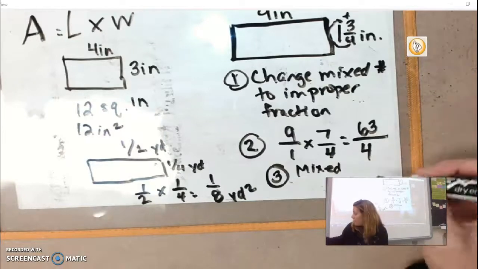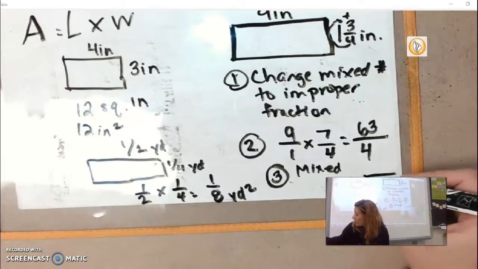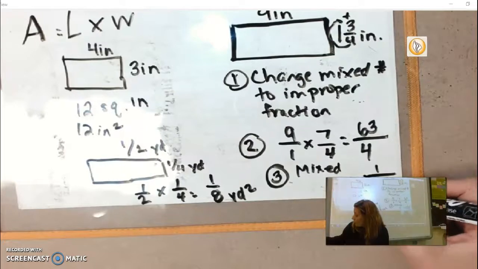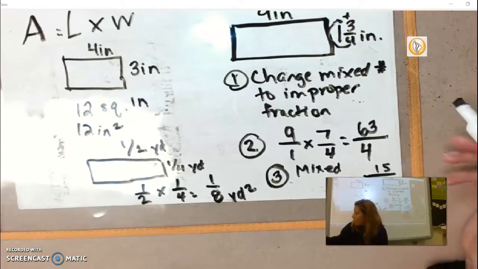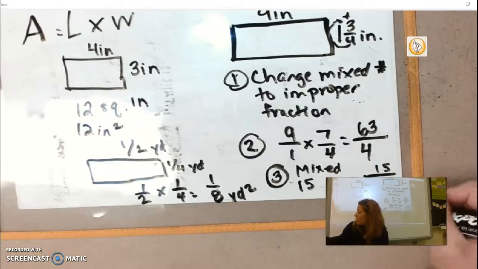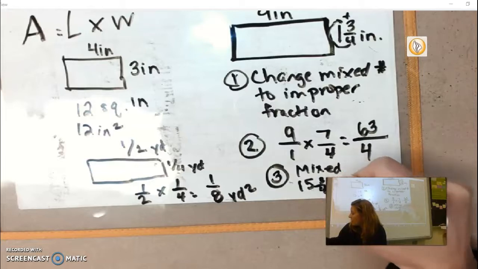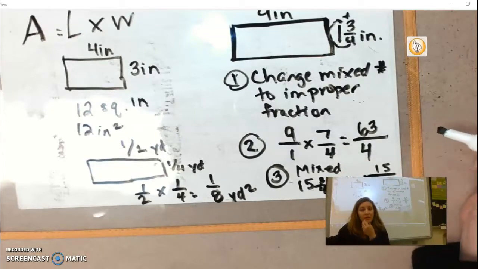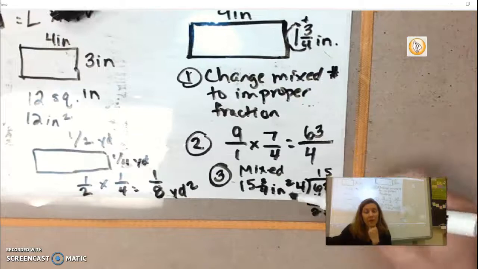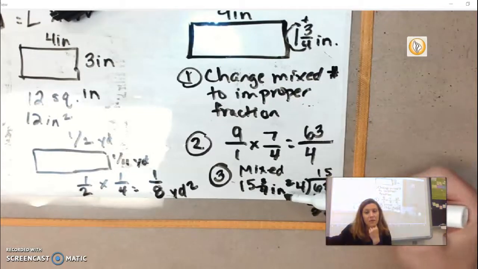We might actually have to do some math here. So 15 times with a remainder of 3, so it'd be 15 3/4 square inches. So the very first cell phone had an area of 15 3/4 square inches.